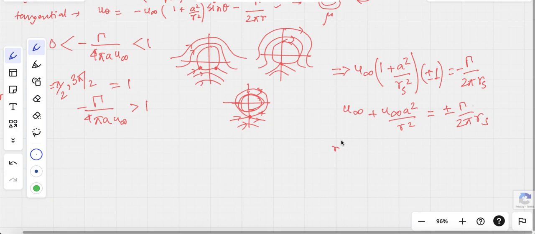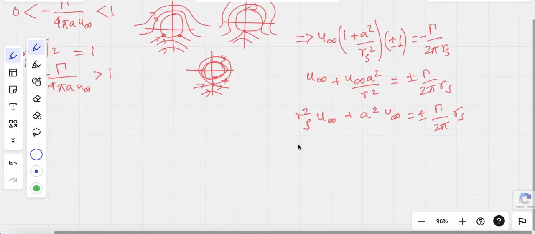So we have r square u infinity plus a square u infinity equals plus or minus gamma by 2 pi rs.